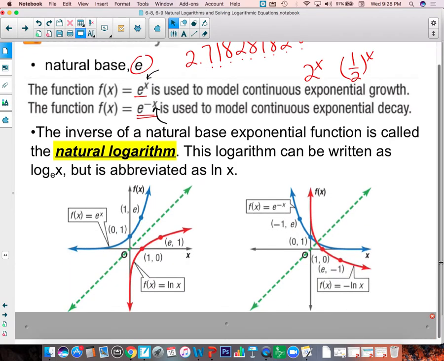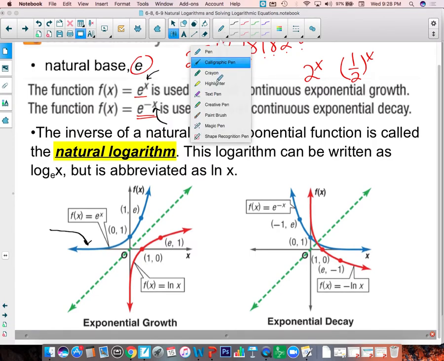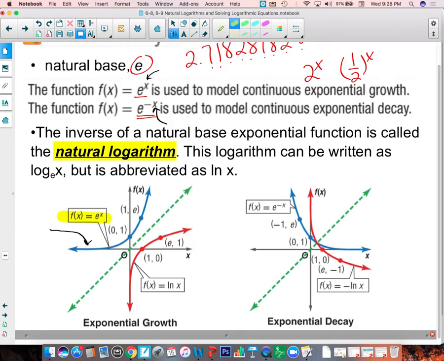Okay? So just look at these graphs for a second here. Kind of translate it a little bit. So e to the x, looking here, and I'm going to switch to a highlighter quick. Okay, e to the x, right there, that is your growth function. Okay, that should look like something we've done before. And then e to the negative x, that's your decay function.